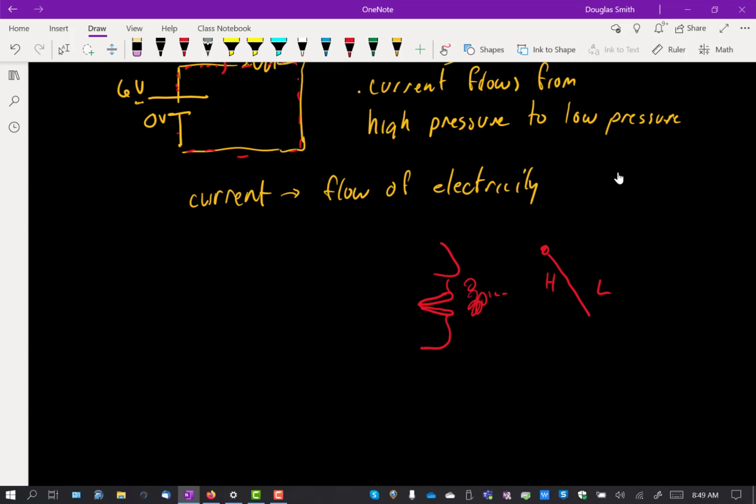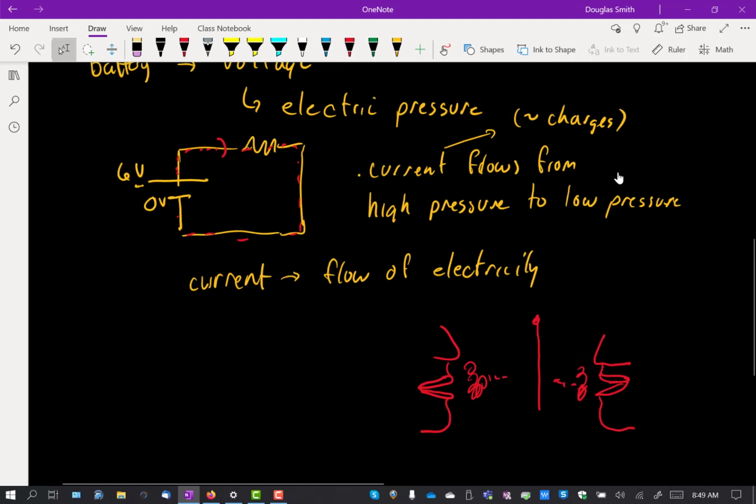On the other hand, if you had that, but at the same time you had another person on this side of the paper also blowing, and let's suppose they're blowing with the same amount of pressure, that paper wouldn't move at all. It's like the idea of balanced forces. So that's why you need a pressure difference. If you had 6 volts here and another 6 volts here, equal pressure, no current would flow.